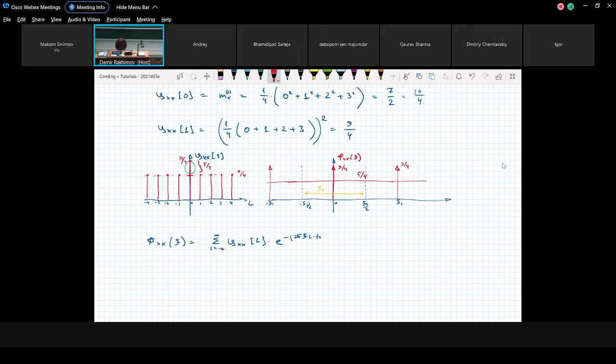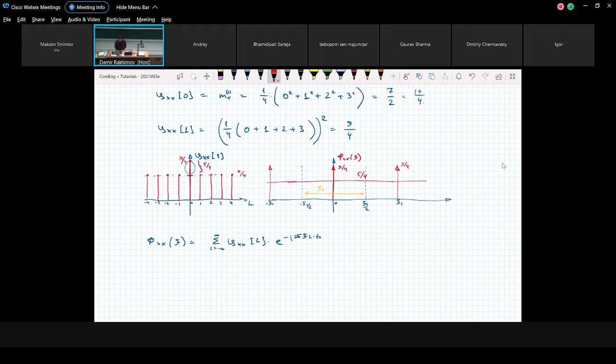And the result for this sequence of delta pulses after discrete time Fourier transform.